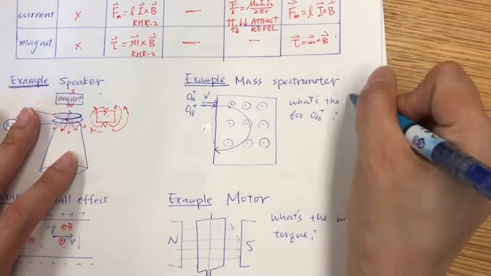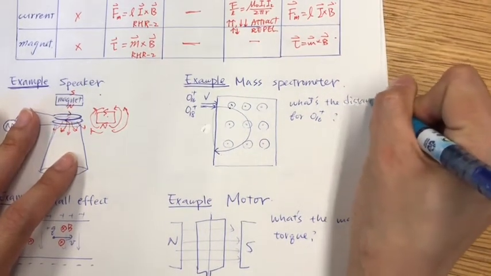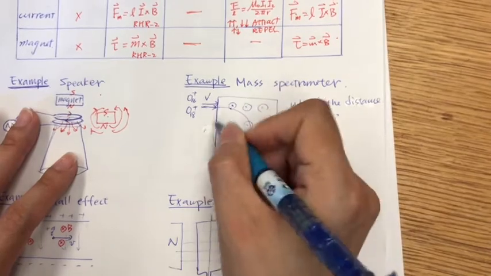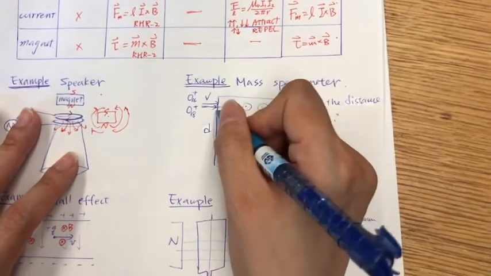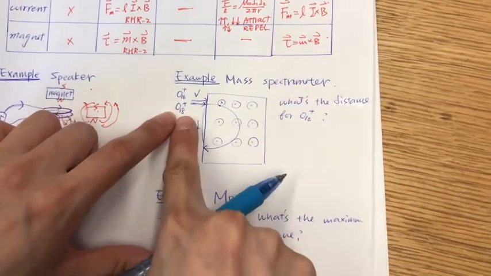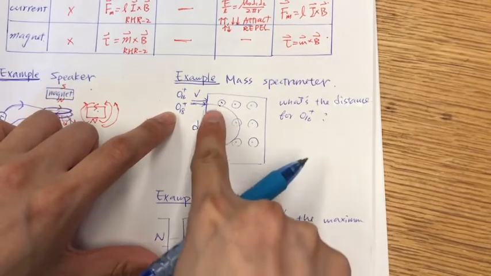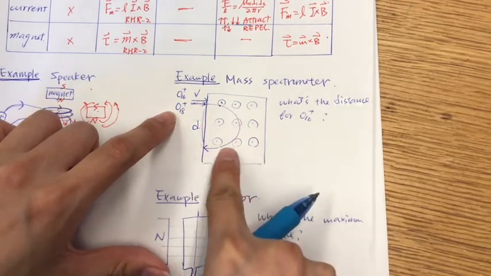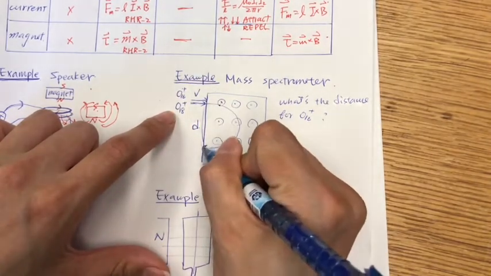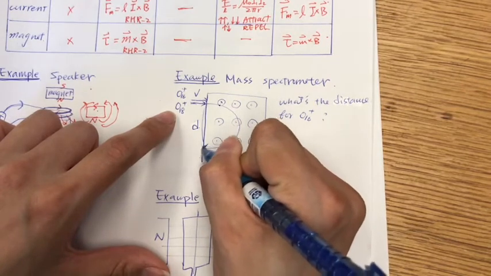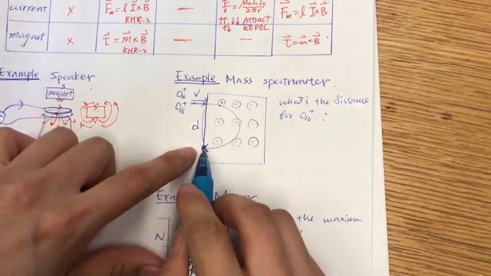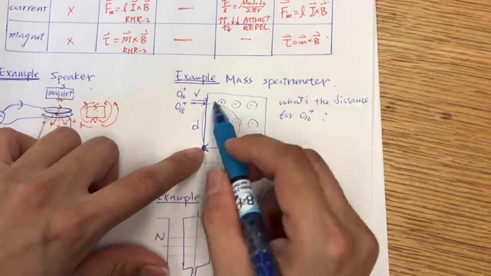What's the distance? Let's say this is D. If we just put oxygen 18, we will see this ion will travel this far, and then you will detect a lot of ions at this point.